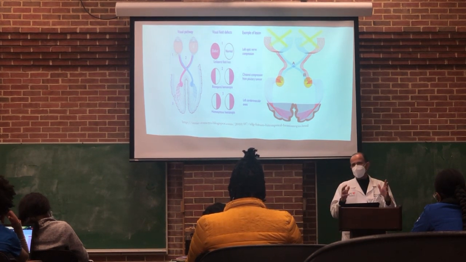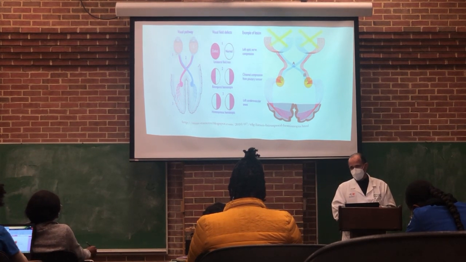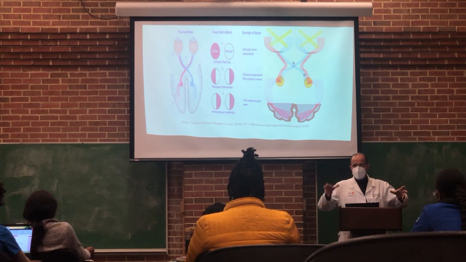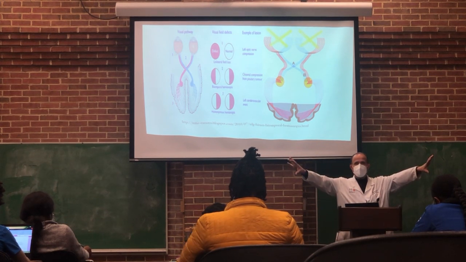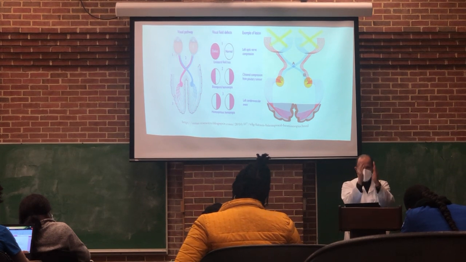This is all the question. They just love to give you this type of picture, showing bitemporal hemianopsia, meaning that these individuals will not be able to see the temporal part of the visual field. They only have tubular vision.